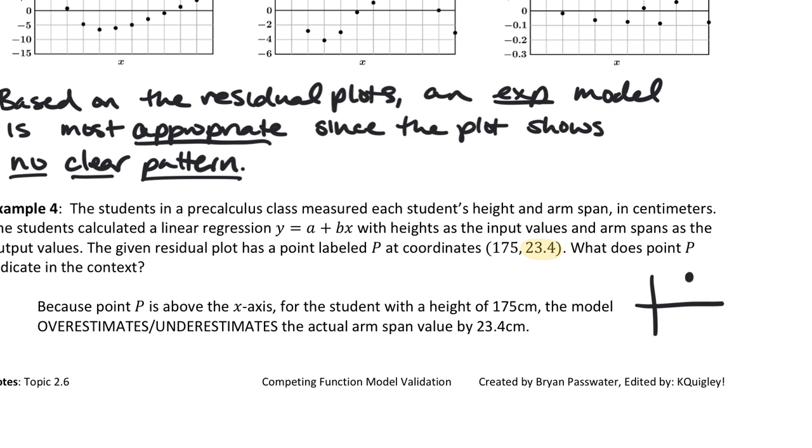Above. Does that mean that it's going to over or underestimate the data? Underestimate, which again feels backwards because it's above, but that means it's an underestimate of what the actual arm span for somebody that's 175 centimeters tall.